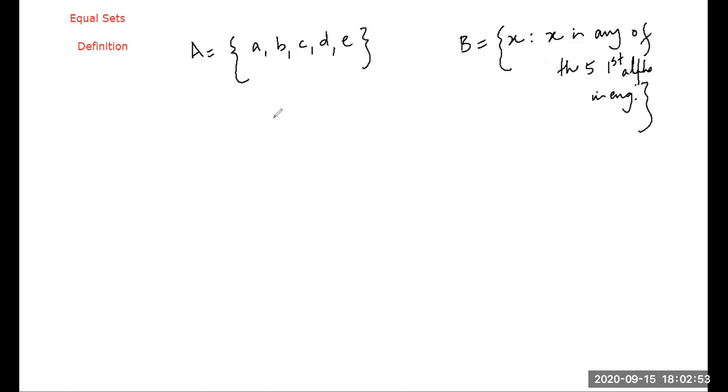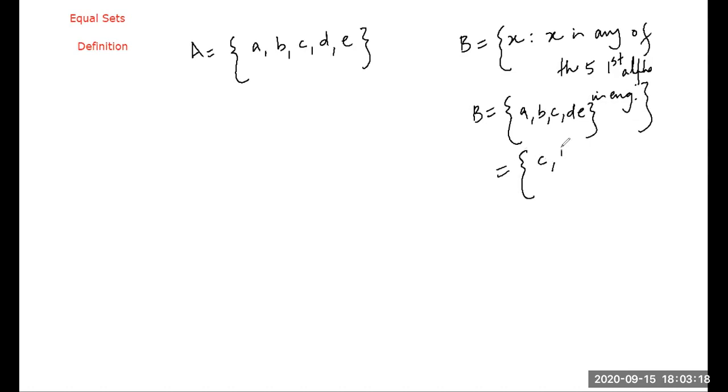Now these two sets exactly have the same number of elements. So I can say A is this, and from the definition, if I write B in the roster form, I know that B is A, B, C, D, E. Though I may write this in any order, it doesn't really matter.